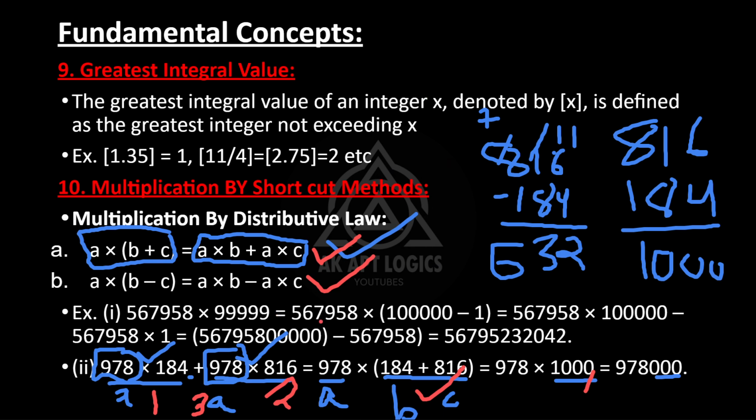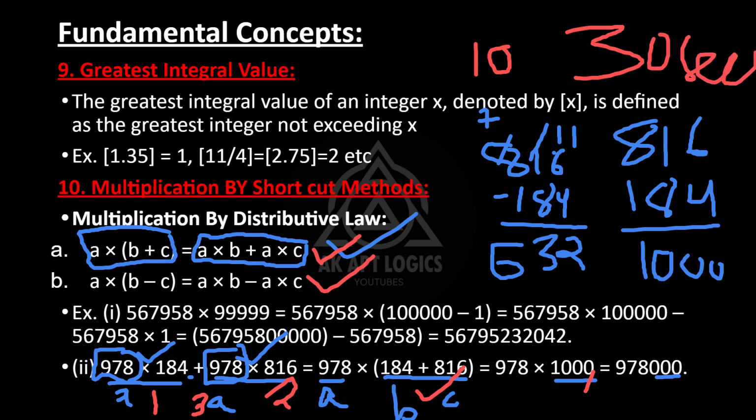When you are going to see in the exam, if the examiner gives you 10 minutes for each question, you can solve without any shortcut. But in examination you will get only 30 seconds. In 30 seconds you will feel very tense by seeing these two five digit numbers being multiplied.